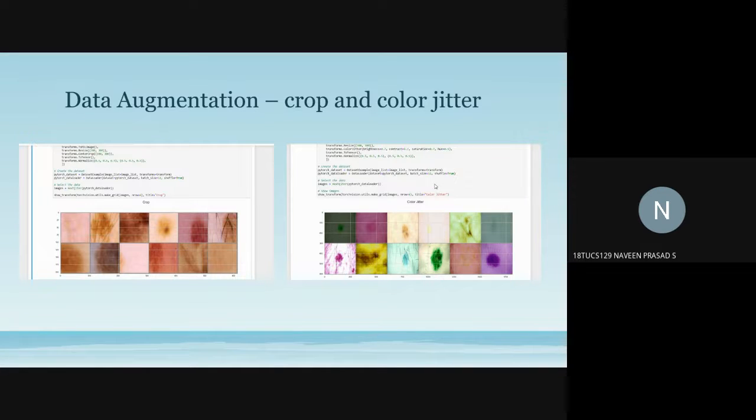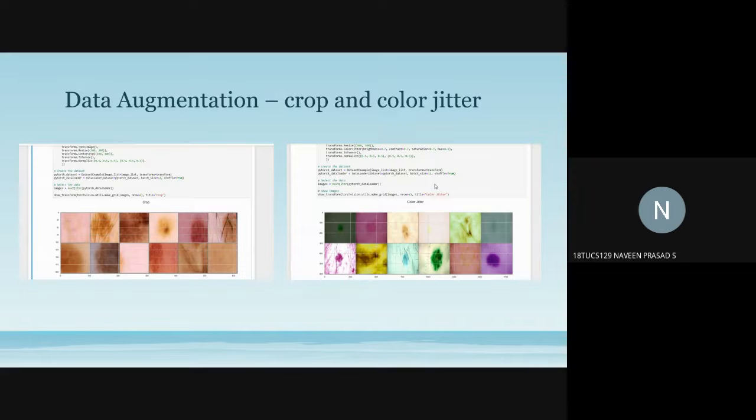We did four different data augmentation steps. The first two are crop and color jitter. For example, with a hair-removed skin lesion image, we randomly crop the images at different angles, so that we can capture different viewing angles of the skin lesions that will be seen in the real world.